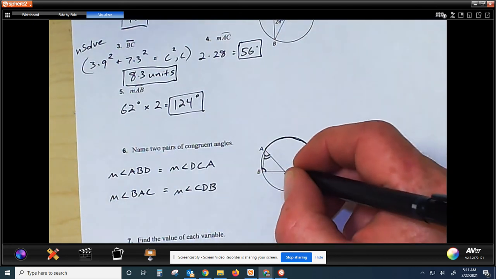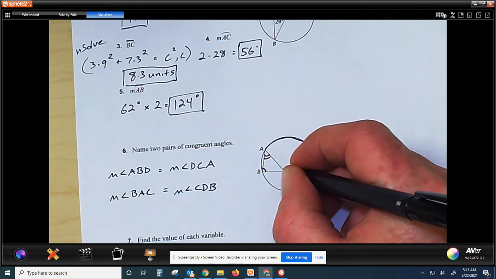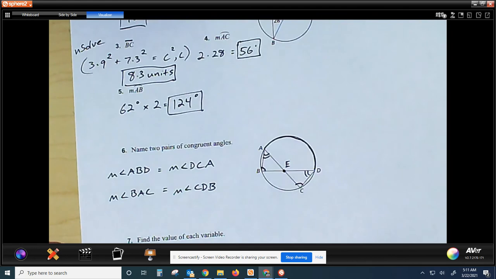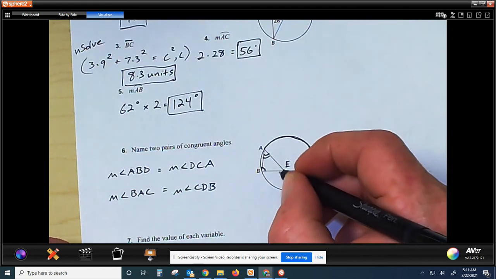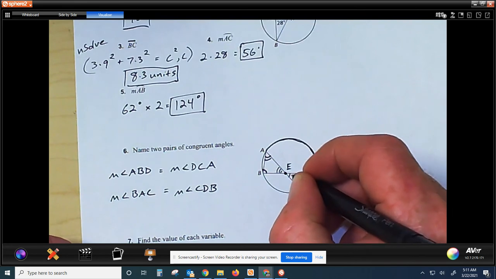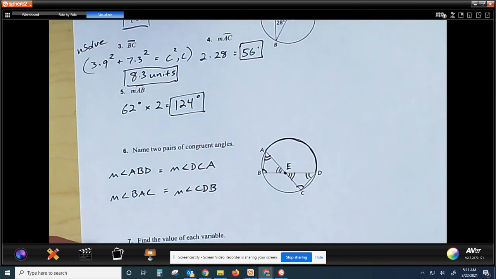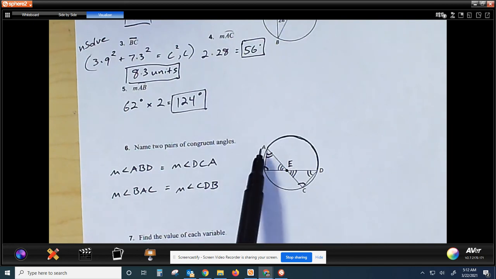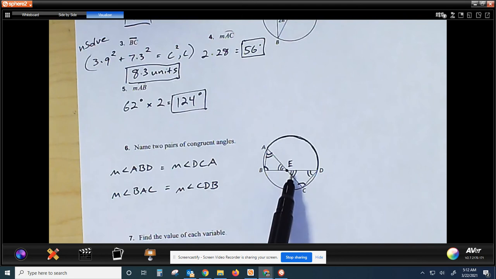I see another. Here, I'm going to draw a point for myself, and I'm going to call it E. And here's a reminder that vertical angles, material from the first semester, continue to come up during the year. You've got to think of a lot of things to solve these puzzles. If two line segments cross, they make equal angles at their crossings.